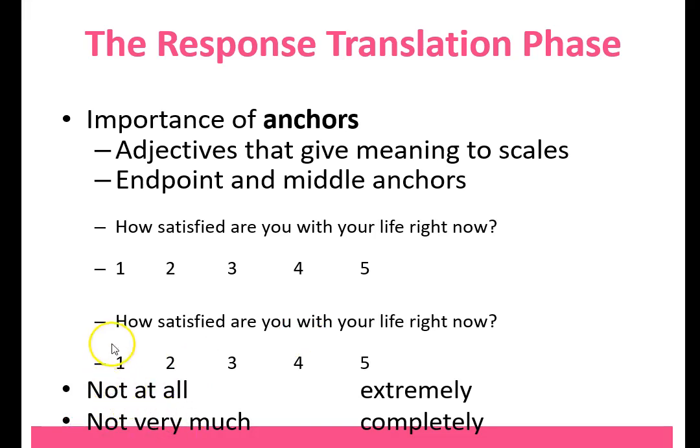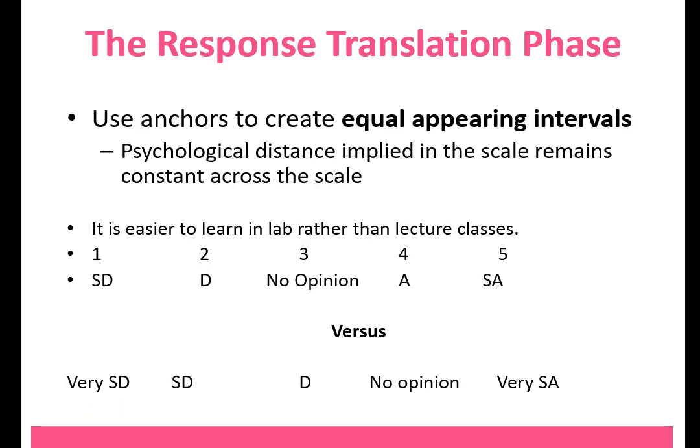That really changes what the 1 means. So it's important what you write there. And if 5 is extremely satisfied versus completely satisfied, again, that changes what that 5 means. So you want to give these anchors and be sure you understand and choose anchors that are what you want in terms of how people answer the questions.